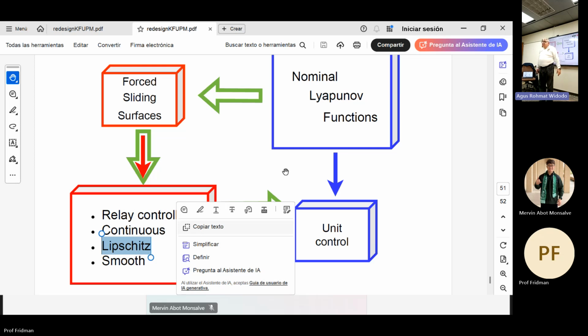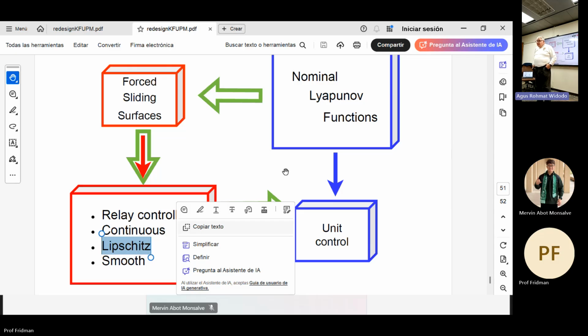Some of you will receive today an announcement of the next seminar, which will be February 4, and it will be about multi-agent systems and the modern version of the sliding mode differentiator.